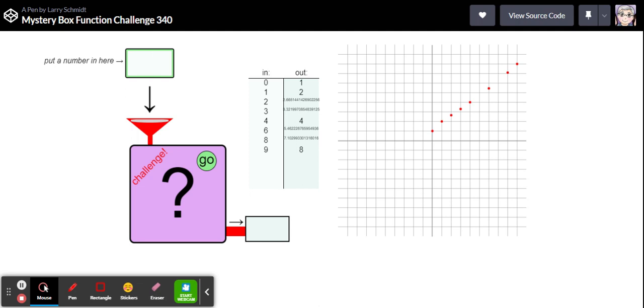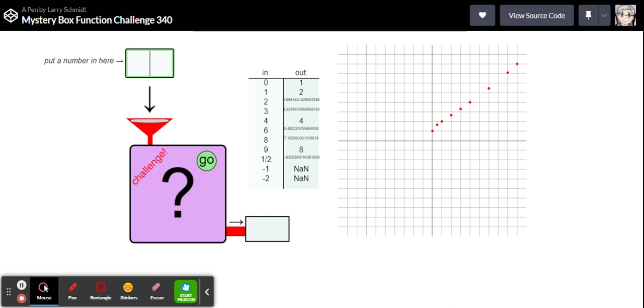Except closer to 0. Let's look at 1/2. Yeah, you can see the hump of that curve before it sort of straightens out. And let's try some negative values, see what it's doing over there. Oh, okay, so that lends more credence to the idea that this is a square root function.